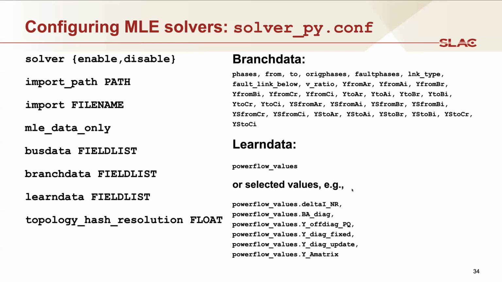So, you know, the Y matrix and some of the other information related to the solution. And so overall, this information is everything that is needed to both solve and learn from solutions using a Newton-Raphson method.